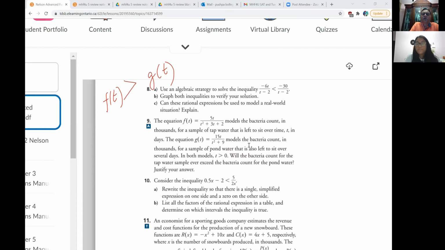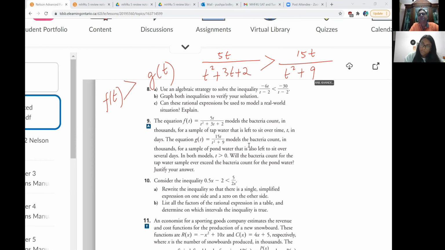So let's see how we solve this inequality. We have 5t over t squared plus 3t plus 2. We want to see if it is greater than 15t over t squared plus 9.